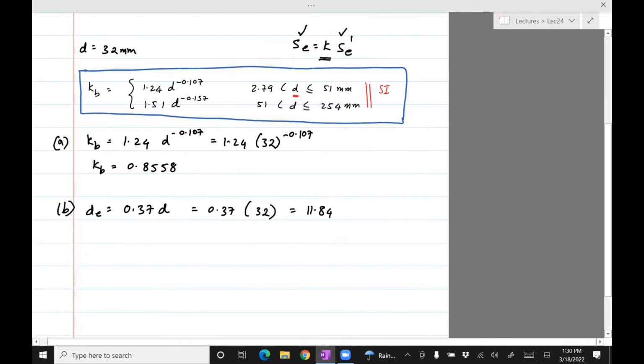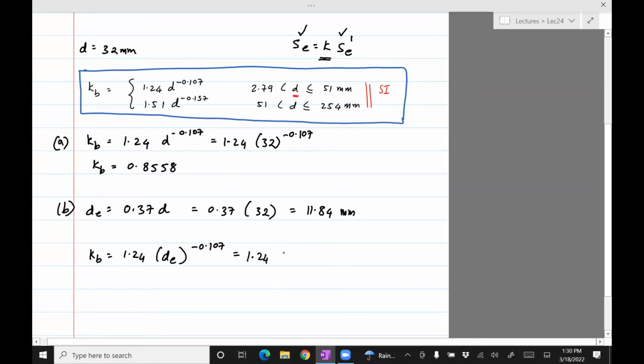Okay, so if you use 11.84 here, and this is by the way in mm, it should be the same equation as before, 1.24 times DE to the power negative 0.107.